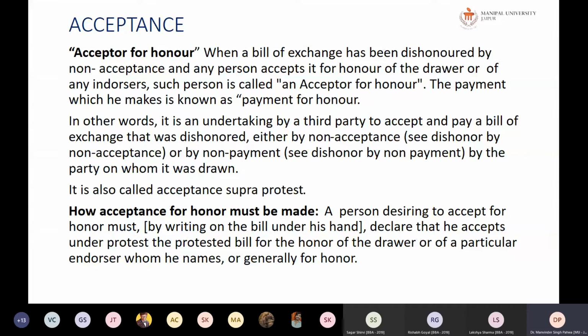In other words, it is an undertaking by a third party to accept and pay a bill of exchange which was dishonoured, either by non-acceptance or by non-payment. A bill can be dishonoured either by non-acceptance or by non-payment. If either happens and a third party comes and accepts the bill, then he becomes an acceptor for honour.